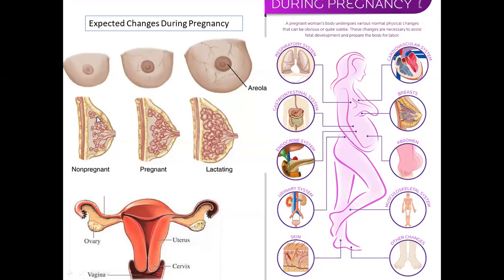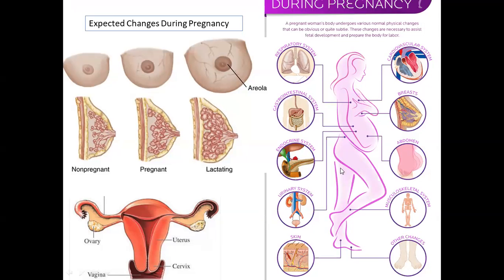This is non-pregnant, where the mammary gland is very small, and in the pregnant state the mammary gland is bigger. In the lactating breast, the mammary gland is full of milk and the nipple is bigger. The pregnant or lactating breast tissue is bigger and tender, the mother can feel heaviness, and the areola also gets bigger.